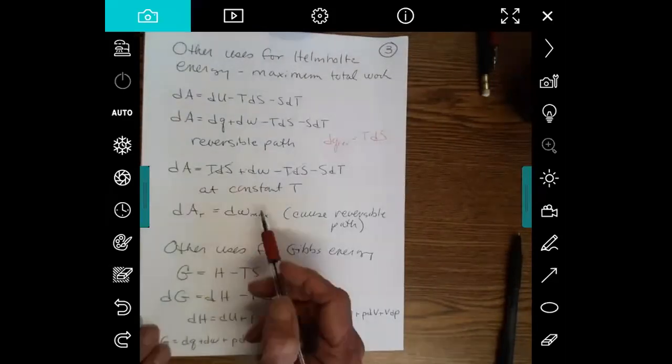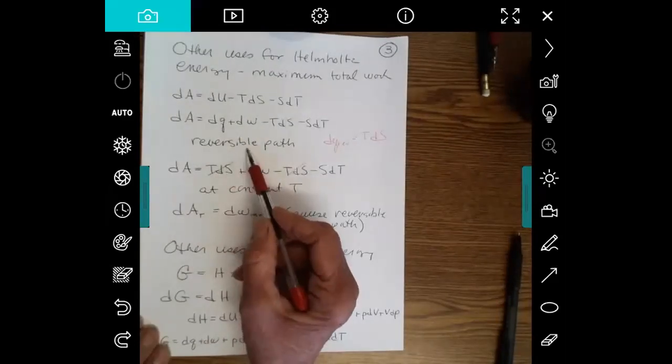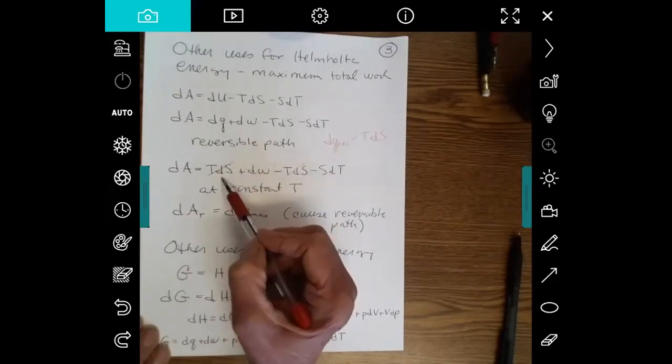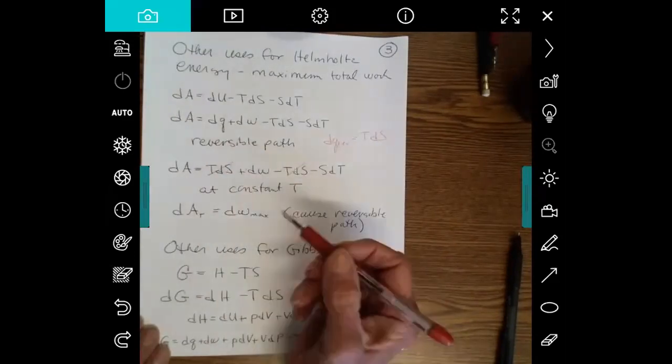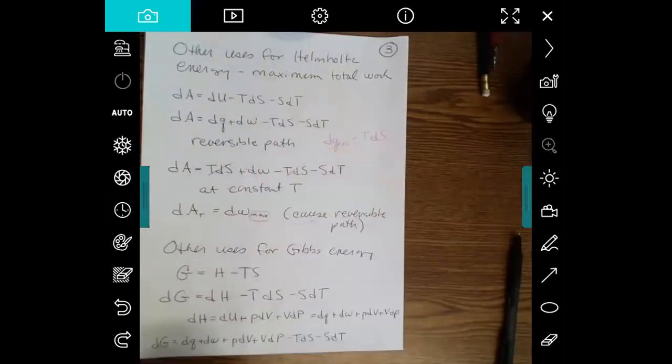It's the maximum because, remember, if I pick a reversible path, then I have the maximum work. And in order to cancel the TdS, I had to pick a reversible path. So if you can measure the change in Helmholtz free energy at constant temperature, you know the maximum amount of work you could get out of a system.